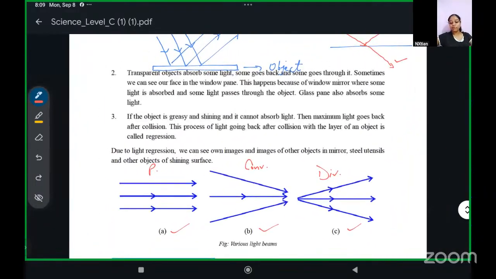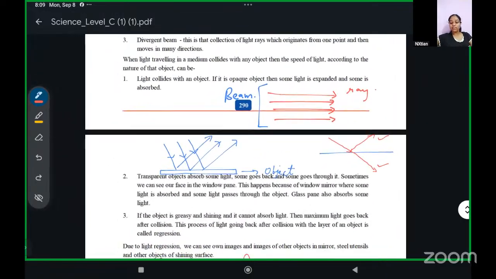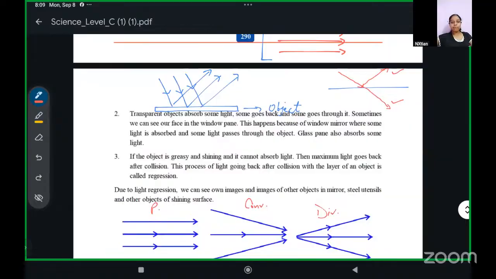Understood now. I'll give you diagrams for each case. What happens when we shine light on an opaque object, how it gets reflected, and what happens with transparent and translucent materials.